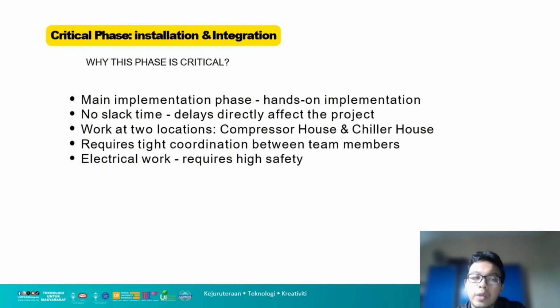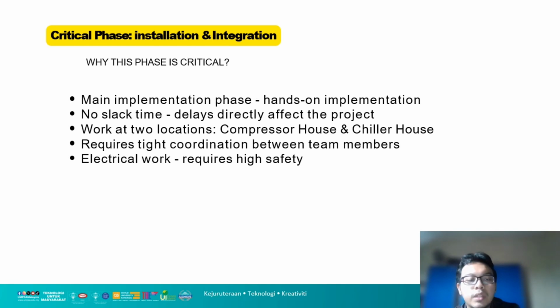So, why is this phase critical? Number 1, it is the main implementation phase, with hands-on implementation. Number 2, there is no slack time, so if it is delayed, it directly affects the project. It will take more than 20 days to complete. Number 3, work at 2 locations: the compressor house and the chiller house.